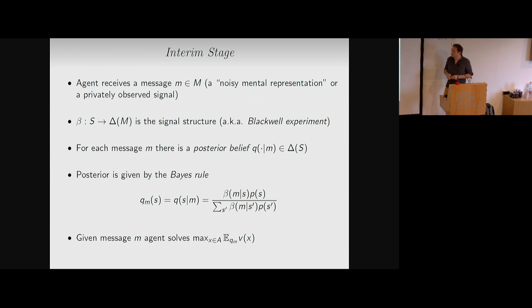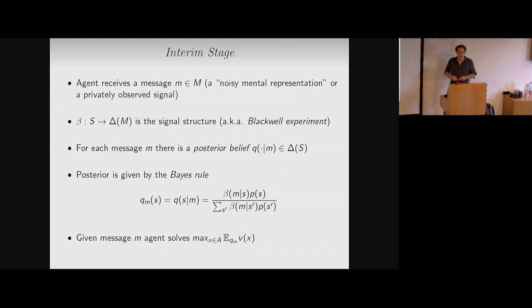And there's some signal structure, sometimes called the Blackwell experiment in economic theory, that is a mapping from states to probability distributions over messages. So in each state, there is a different probability distribution over messages. And because it's different, that's what allows the agent to make some inferences about the state from seeing the message. If it was the same in each state, that experiment is useless. There's no information.